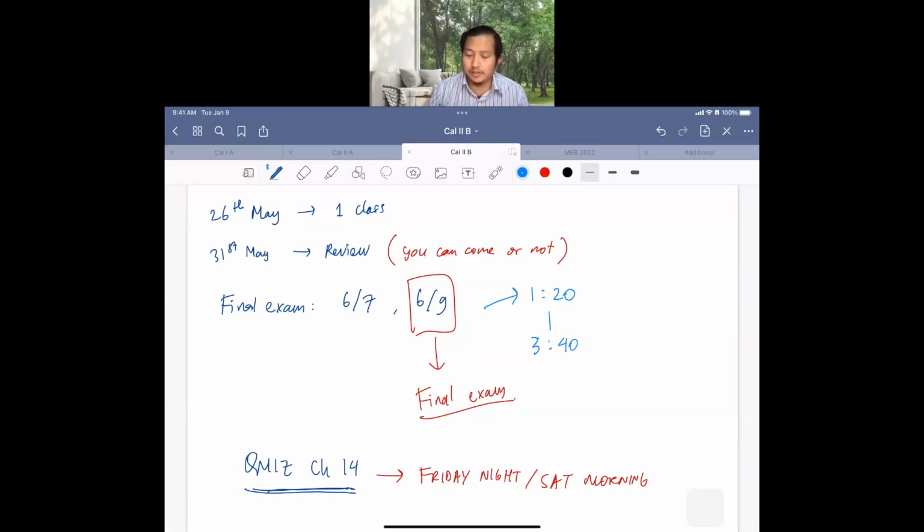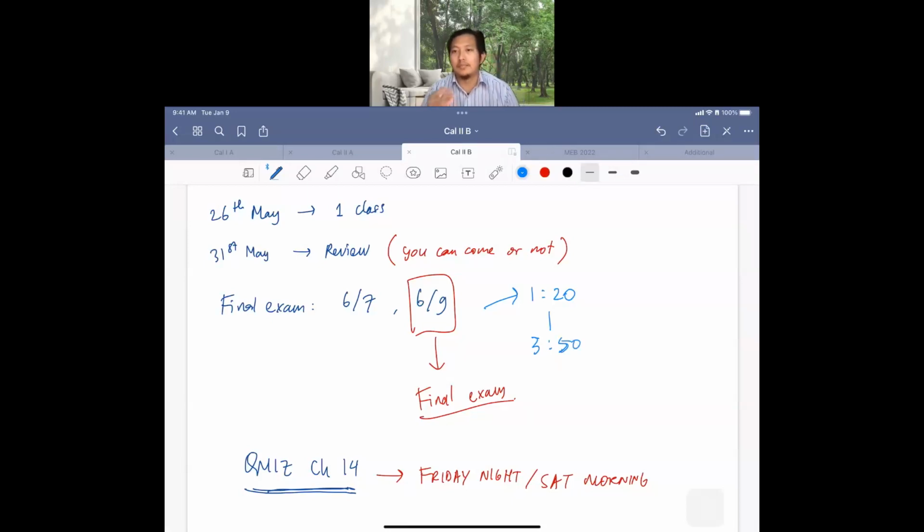Okay, 3:40 or 3:45, maybe better to have 3:45. So it's around 2.5 hours. Or just 50, I think. Make it 50.